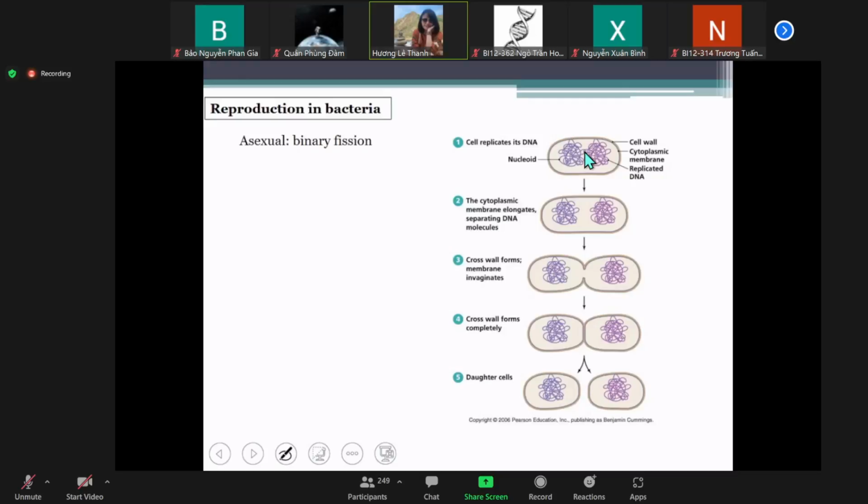From one cell, they replicate the DNA. The two copies of DNA will attach to the mesosome here, and they go to the opposite poles. The mother cell will increase in size, and then the cross wall will form, and we have two identical daughter cells. We call them identical, but they are not really identical because the mutation rate of the bacteria is quite high.